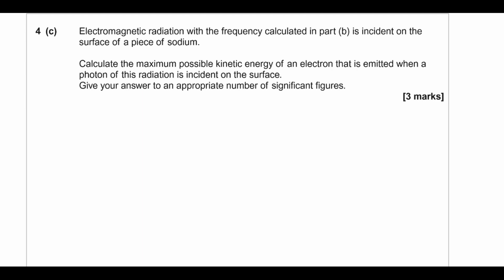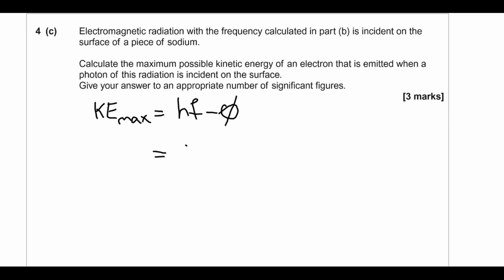Electromagnetic radiation with the frequency calculated in part B is incident on the surface of a piece of sodium. Calculate the maximum possible kinetic energy of an electron that is emitted from the surface to an appropriate number of significant figures. Okay, so the max kinetic energy is calculated by doing the photon energy minus the work function.